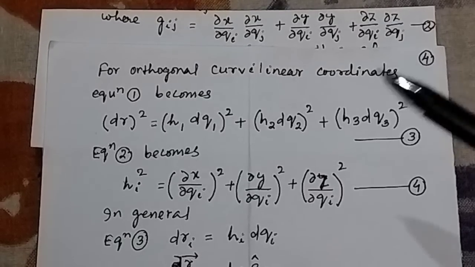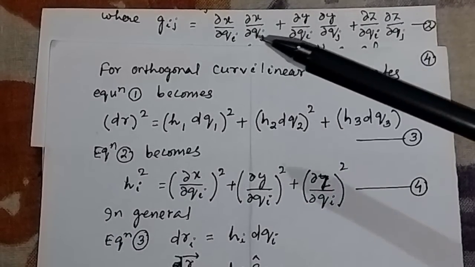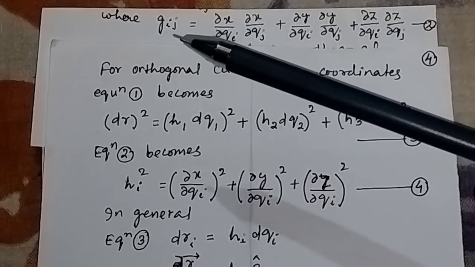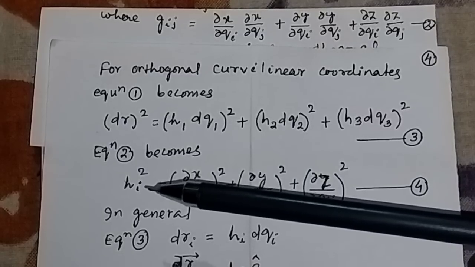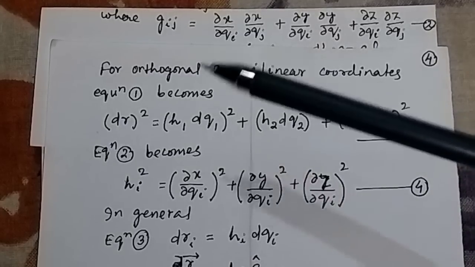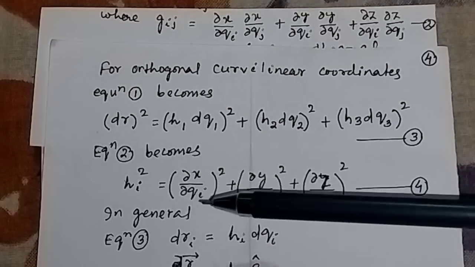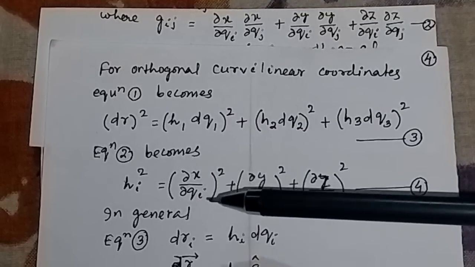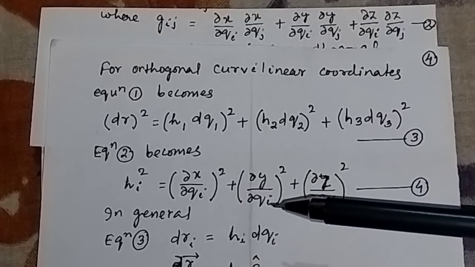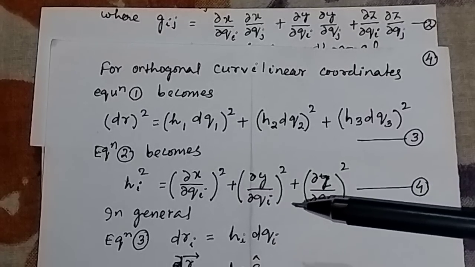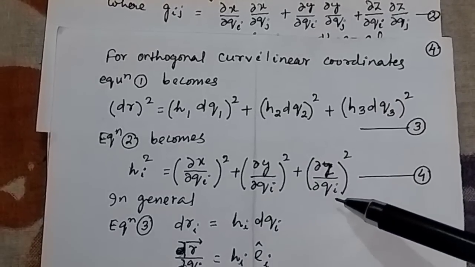And in equation 2 you have gij. When i equals j, this will be equal to hi square. So equation 2 becomes hi square is equal to the partial derivative of x with respect to qi square, then for y, the partial derivative of y with respect to qi square, and the partial derivative of z with respect to qi square.